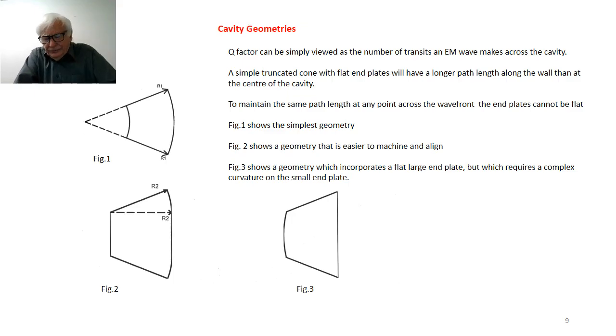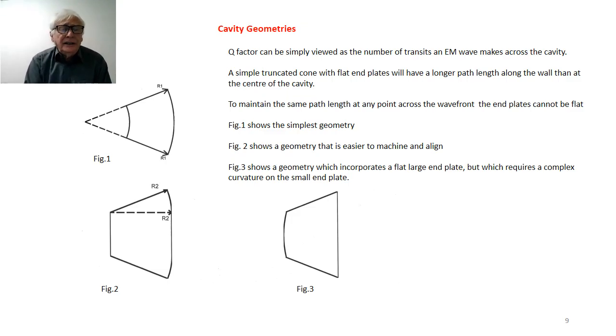This is the simplest of geometries to think of for maintaining the constant path length, but it's not the easiest to manufacture. Figure 2 shows a geometry that we've used on a number of thrusters that is much easier to machine, and it also enables easier alignment of these end plates, which is, as we'll see later, an important factor.